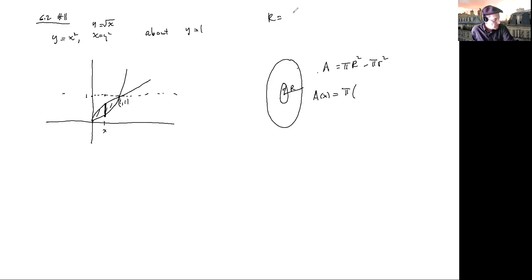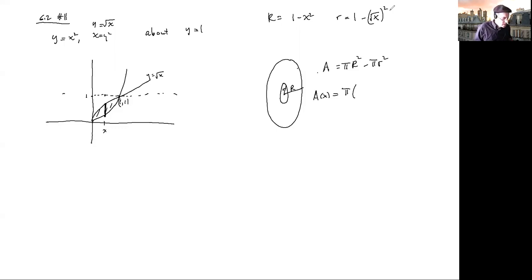In this case, R is going to be 1 minus x squared, right? It's the difference from 1 to x squared. And the little radius is the distance from the square root of x. Here's the square root of x, y equals the square root of x, to 1.